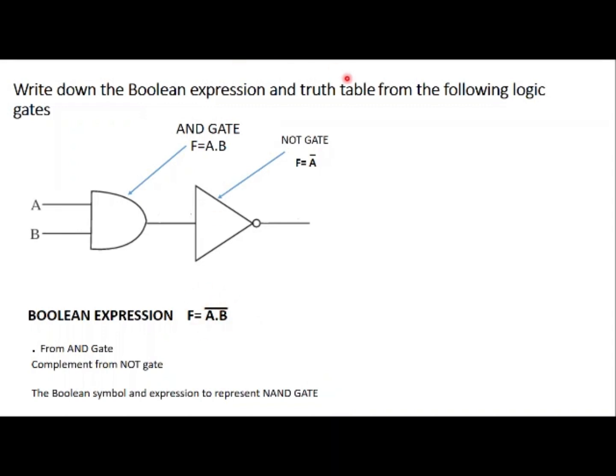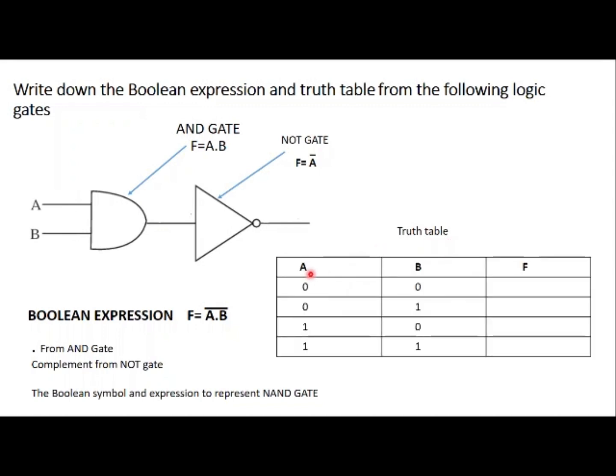Now let's find the truth table for this combined logic gate. There are two inputs, A, B, and we can write the output column as F. A 0, 0, 1, 1, B 0, 1, 0, 1. So to find the values of F, first get the A dot B value, that is the AND gate value, and then the complement for the NOT gate.